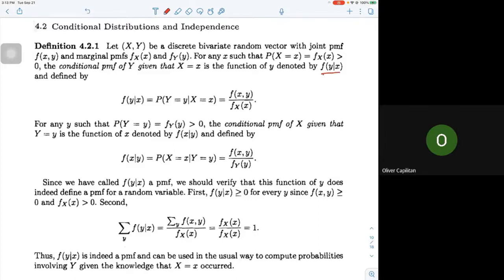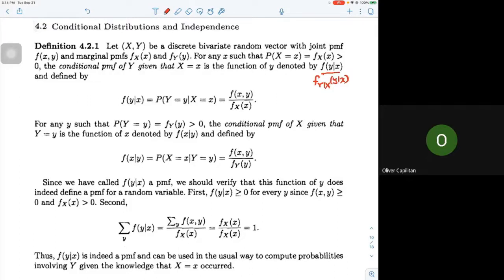Okay, so if you want to emphasize the random variables X and Y, you can have this notation for the conditional PMF of Y given X. We have this some notation. Okay, so it is defined as this conditional PMF of y given x, which is a function of y.